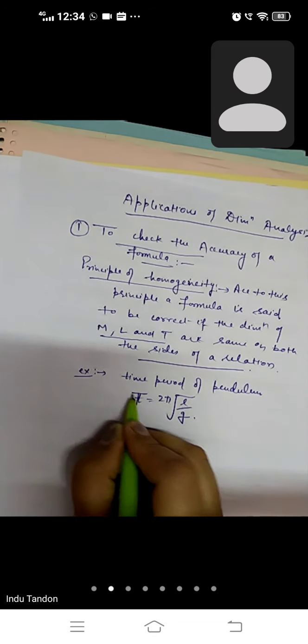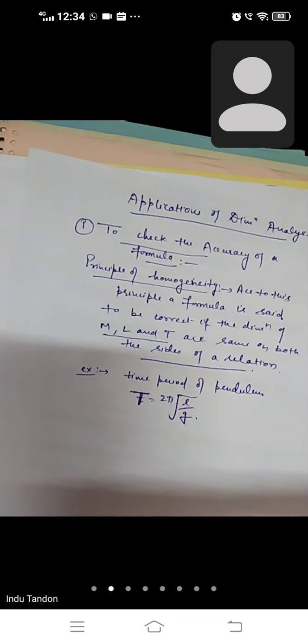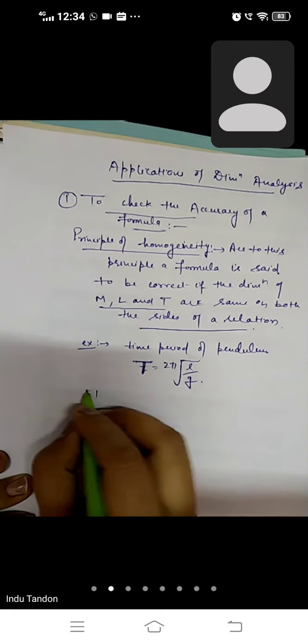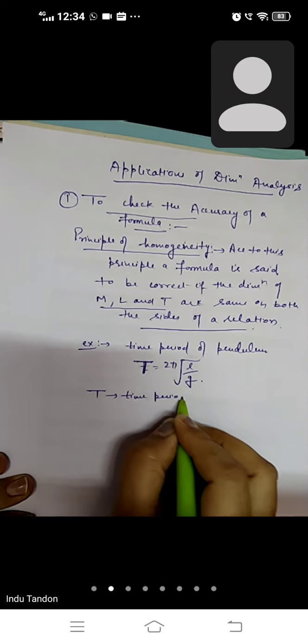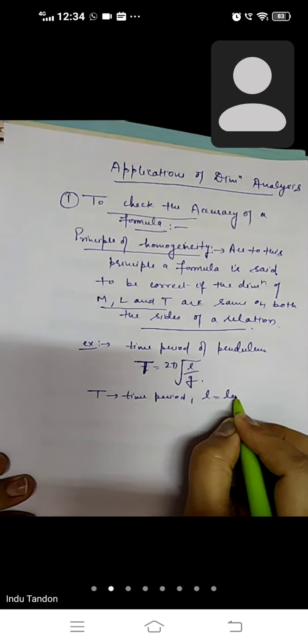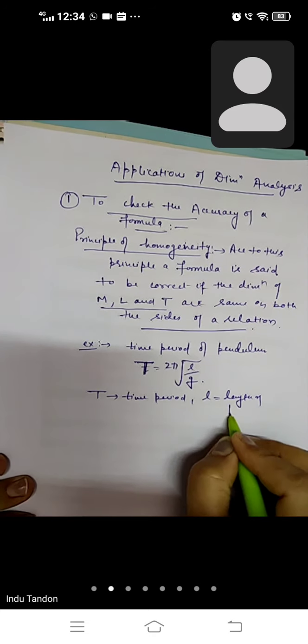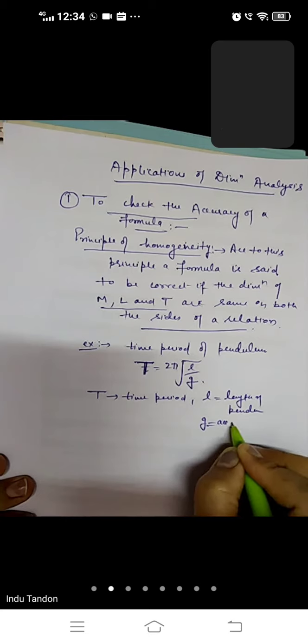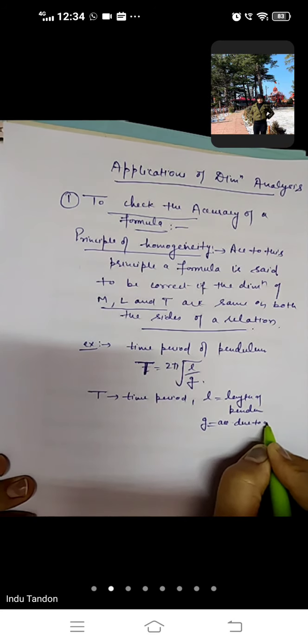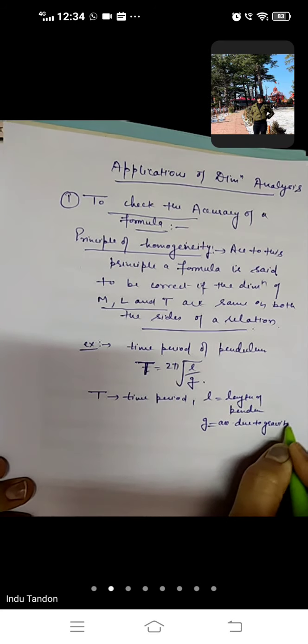Make this capital T. What is T? Time period. What is L? Length of pendulum. What is g? Acceleration due to gravity. So you have to check this formula.